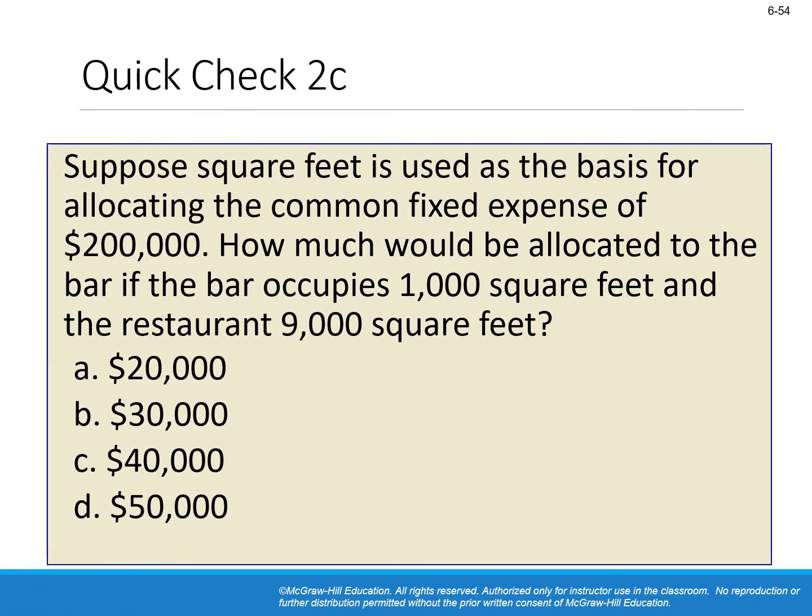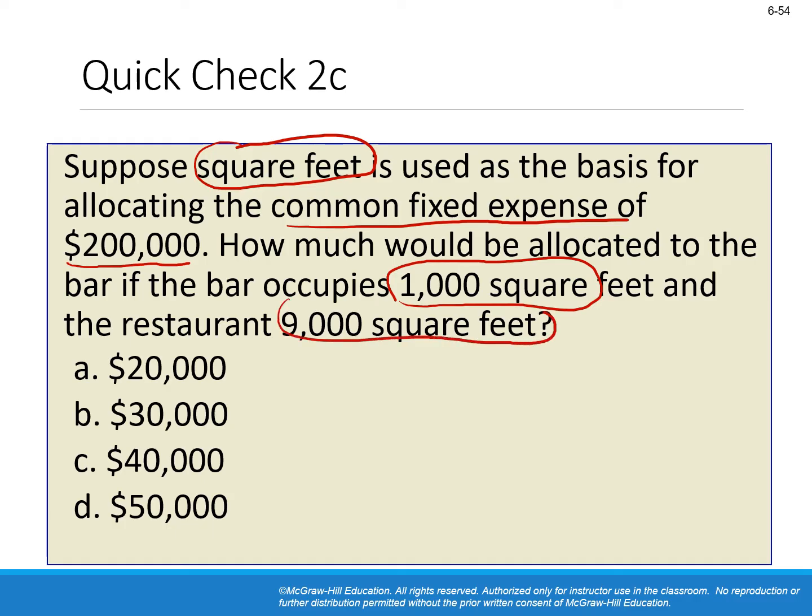Suppose that square feet, so area, is used as the basis of allocating the common fixed expense of $200,000. So this $200,000 is allocated to the bar and the restaurant based on the area of each. How much would be allocated to the bar if the bar occupies 1,000 square feet and the restaurant 9,000 square feet?